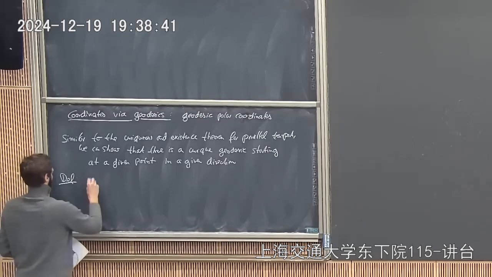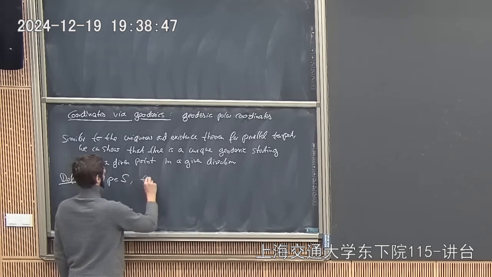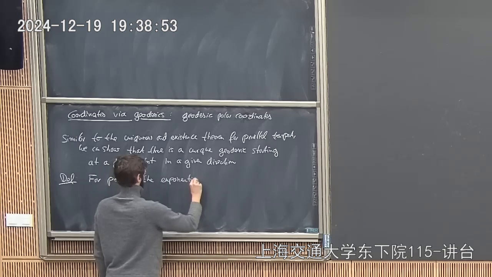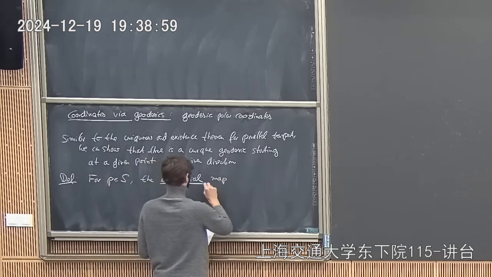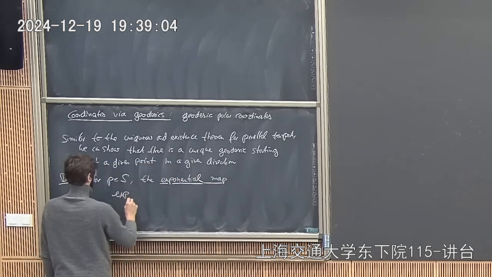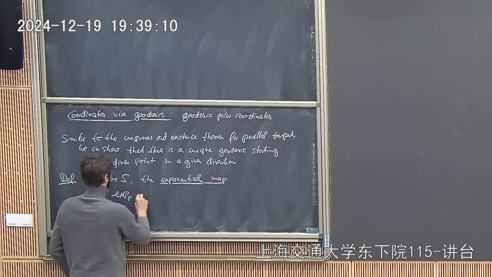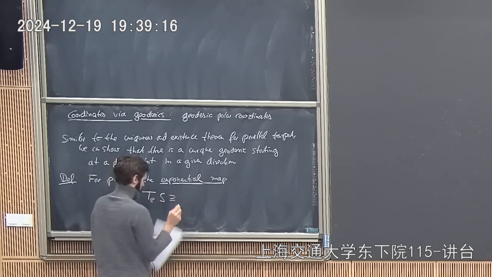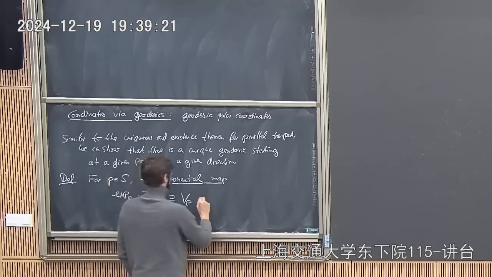that for a point on a surface, the exponential map is a map that is defined at the point, so it's the exponential at the point P. It's a map from the tangent space at that point, actually some open subset of that, which is denoted by V of P, onto the surface.